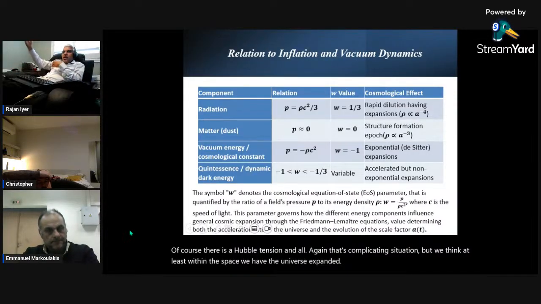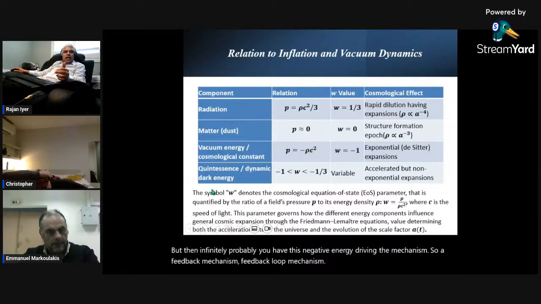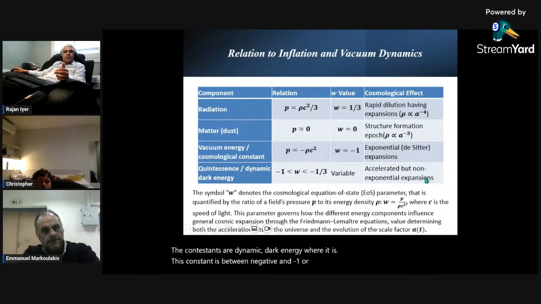But then infinitely, no, probably you have this negative energy driving the mechanism. It's like a feedback loop mechanism. For condensate dynamic dark energy, where this constant is between -1 and -1/3, you get accelerated but non-exponential expansion.